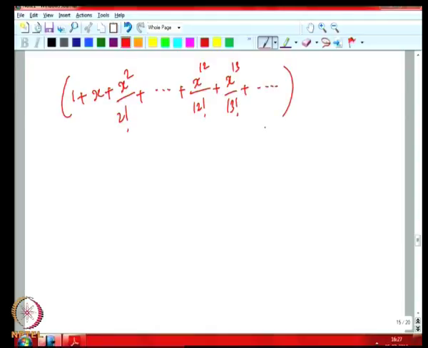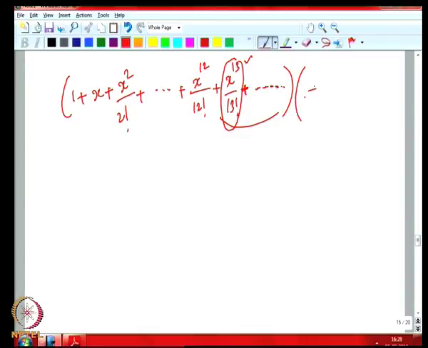Why? Because these new terms we are adding are not going to contribute to the coefficient of x raised to 12. Suppose I pick up x raised to 13 by 13 factorial, we are already above x raised to 12. So whatever term we produce by picking this and multiplying something from the other terms is not going to contribute to the coefficient of x raised to 12 at all. So therefore we can take it as a power series till infinity. We do not have to stop here.